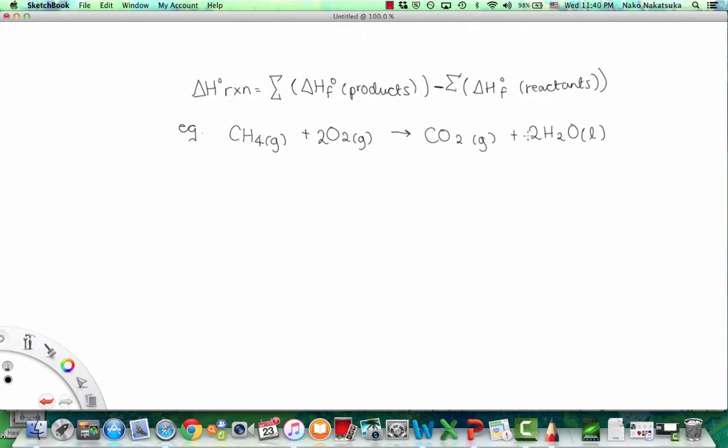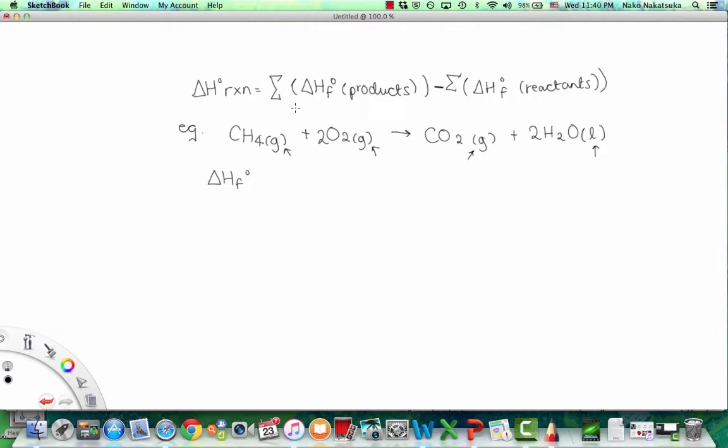Now you can go to the back of your textbook where you can find tables of the delta H of formation of different compounds. Make sure that everything is in the standard state, so you can see that this is a gas, gas, gas, liquid, and that the reaction is balanced. I put the coefficients of 2 in front of the O2 and the H2O to balance the reaction.